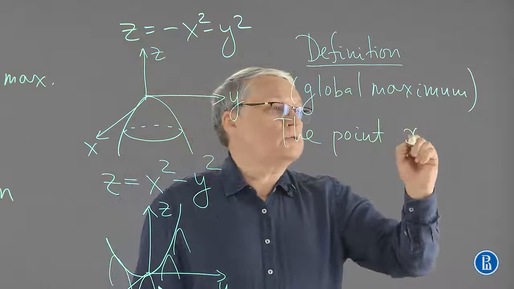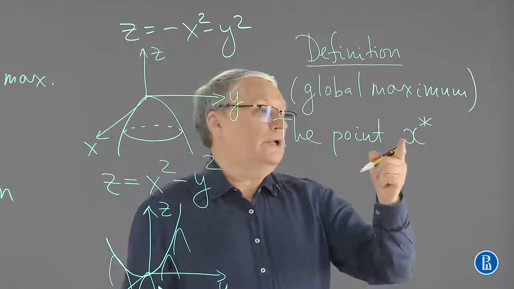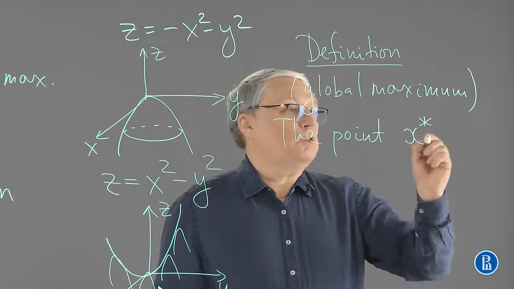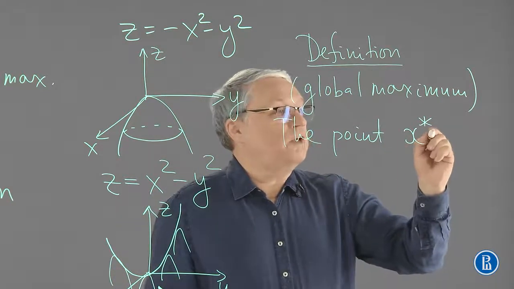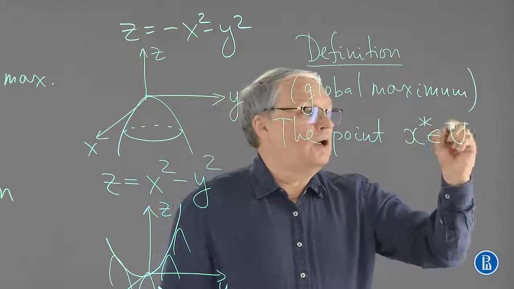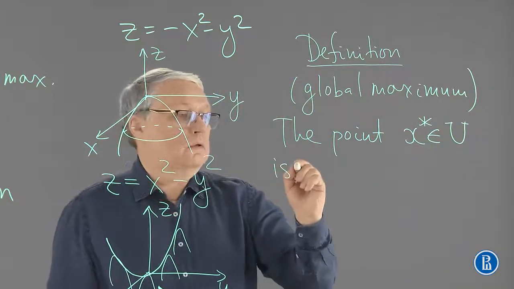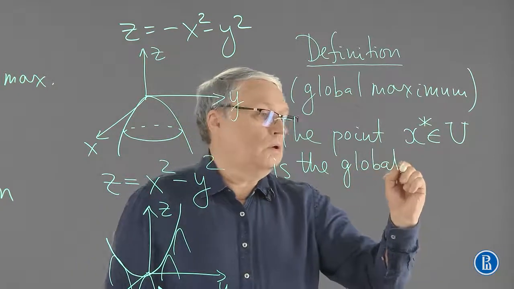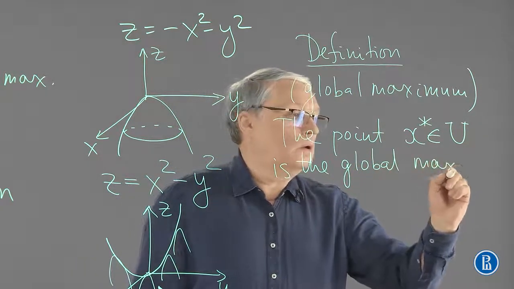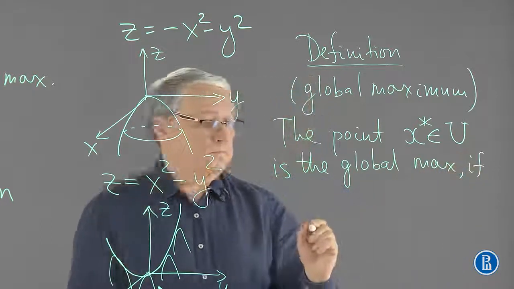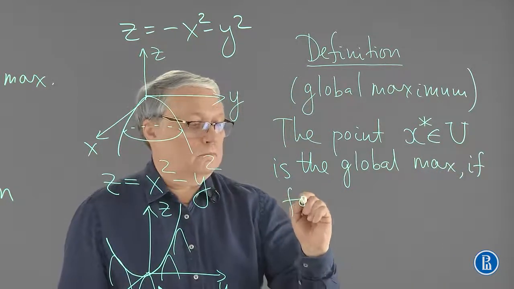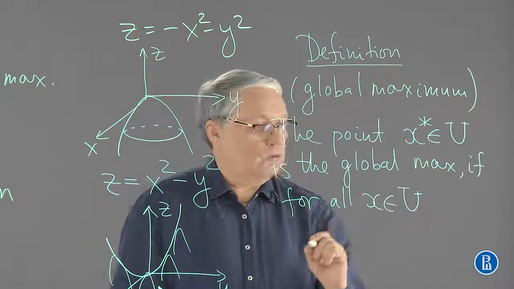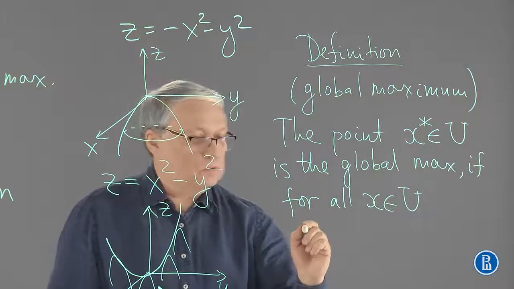The point x star, well, clearly this is a vector, but I won't indicate this because it will be self-evident, is the global max if for all x from U the following inequality holds.